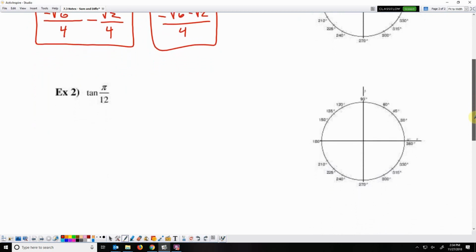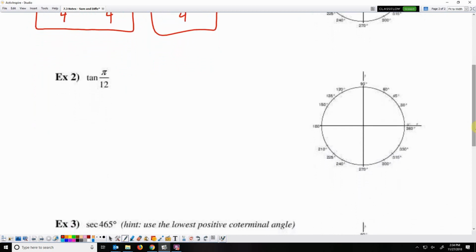Tangent. Now, when we do tangent, it's going to get a little bit longer. So we want to try to make sure we are not writing too large. This one happens to be in radians. Pi over 12. So we need to rewrite these as radians, and I think we can get away with just doing the top. So we've got 1/6 pi. Might be easier if I keep it in sixths, since this is twelfths.